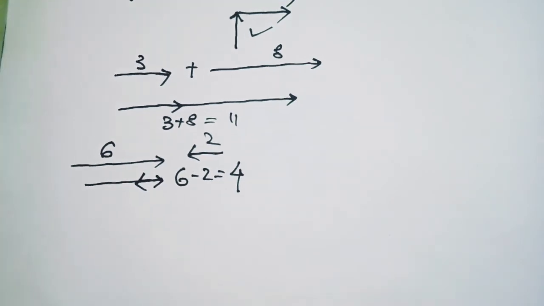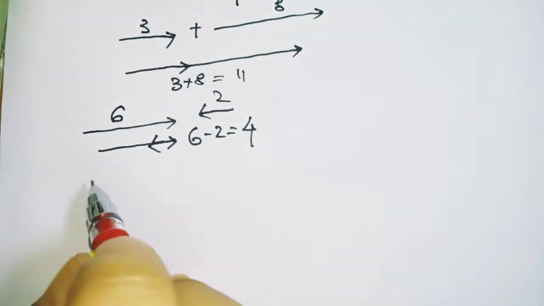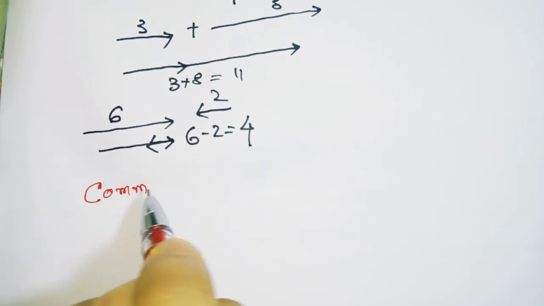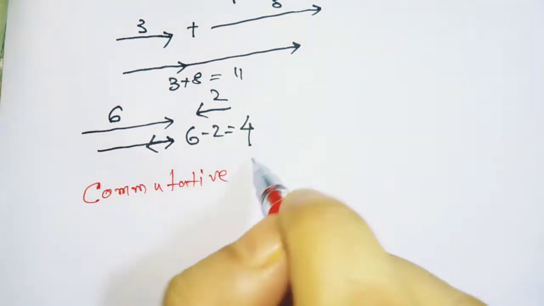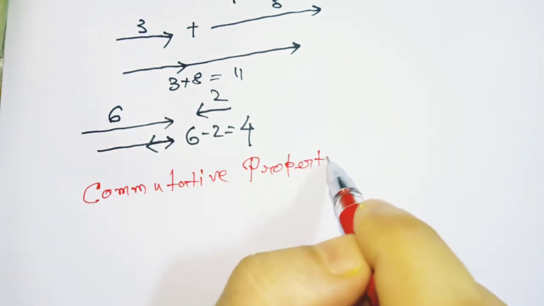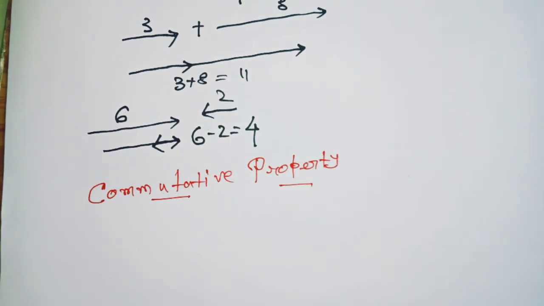Now we have to remember another property of vectors, which is called the commutative property. I will put it across in words so that it is easy for you to remember. So what actually is the commutative property? It's quite simple.